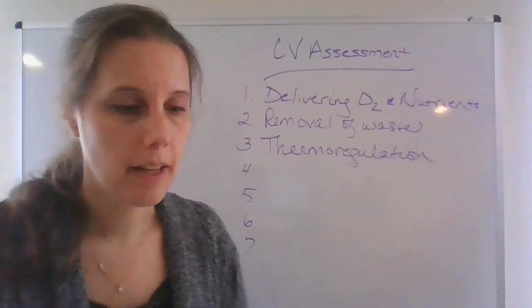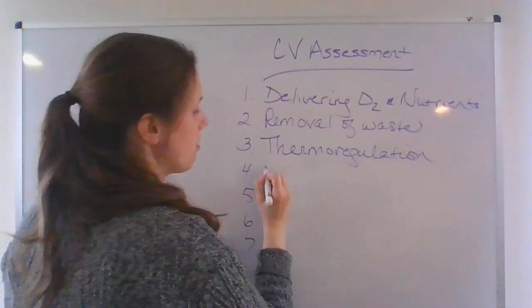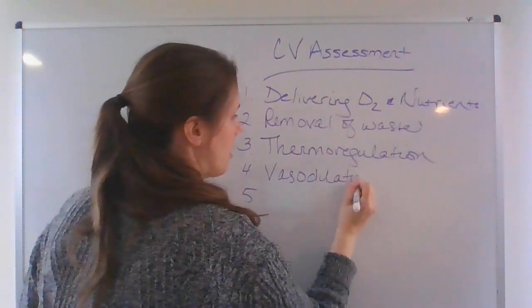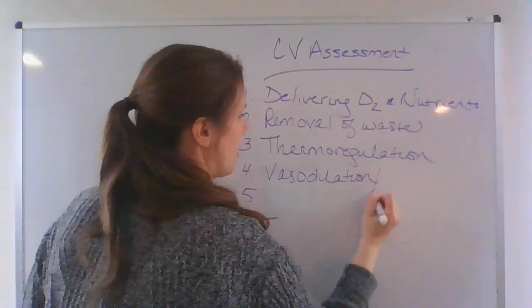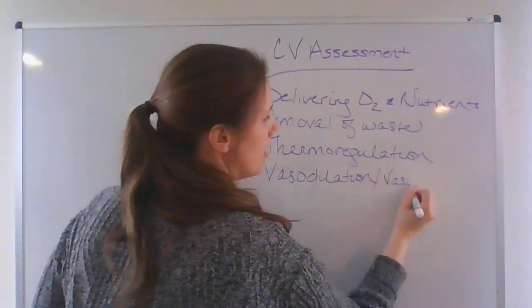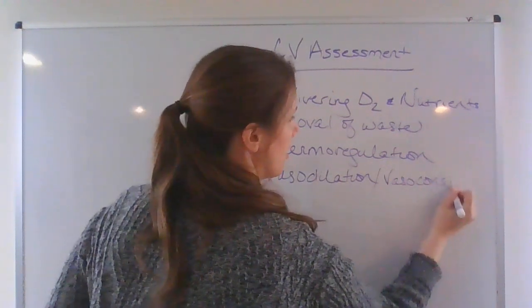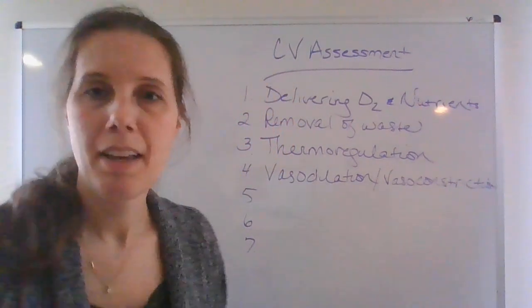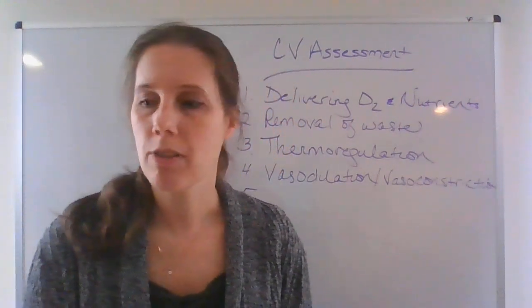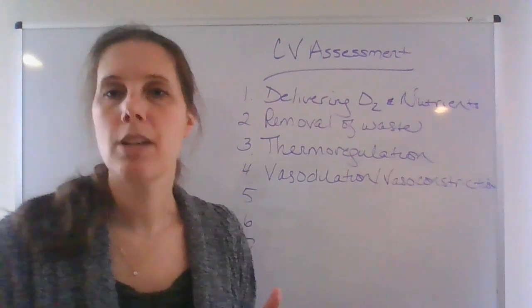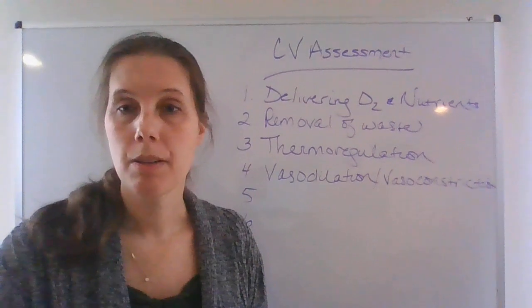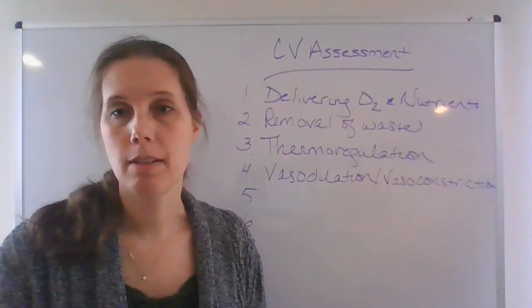Okay, so the next one, vasodilation, vasoconstriction. Oh boy, I'm running out of room. So vasodilation, vasoconstriction. There are times when your patient is going to need either more blood delivered to the site or less blood delivered to the site.